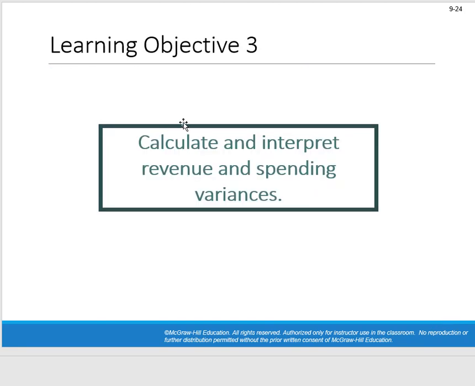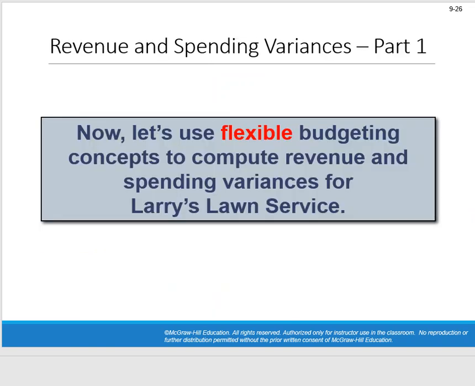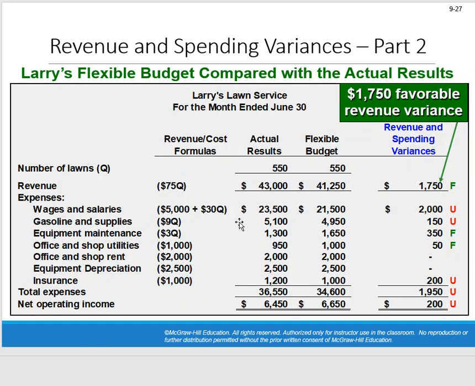Next, we need to take a look at our revenue and spending variances. So pretty much the same idea. A revenue variance is going to be the difference between our actual and our flexible, and our spending variance, again, is going to be the difference between our actual costs and our flexible budget costs. So let's go ahead and look at Larry's landscaping, comparing actual with the flexible budget.